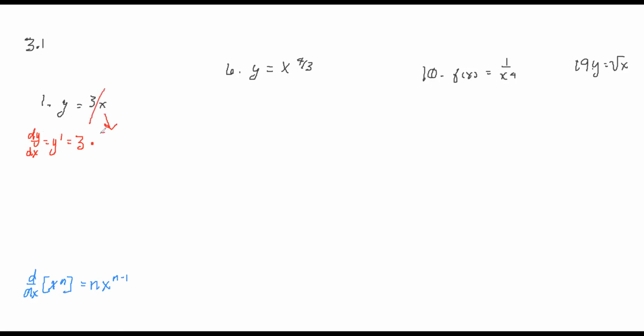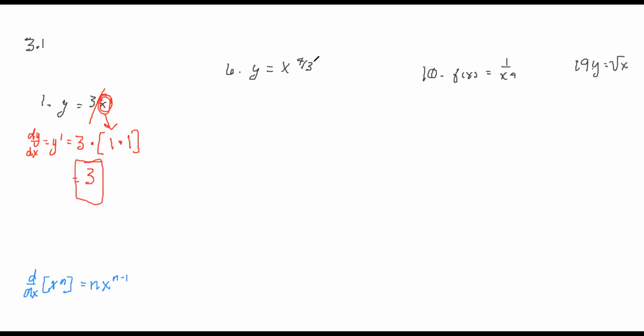This is a constant times x to the 1. So this is going to be 3 times 1, and then there's no more, it's essentially x to the 0, and that's going to be 1. This is just going to end up being 3 because we just have that one x there.